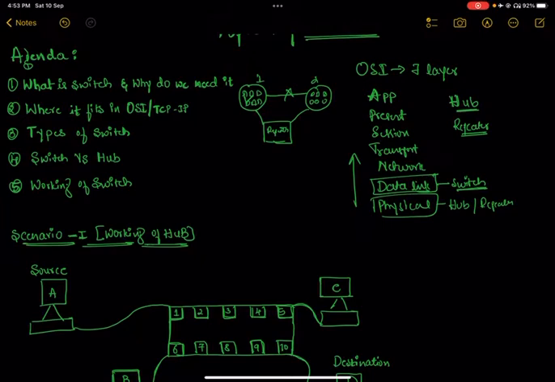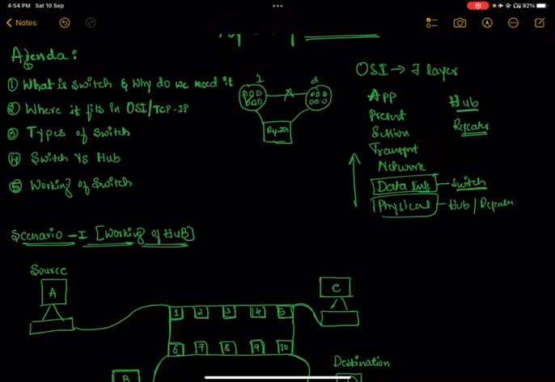Assuming that you have gone through our previous video on hub and repeater, I have just added points about the advantages and disadvantages of hub and repeater here, and I compared that with the need of the hour, and that is why the switch was invented and brought into the data link layer, right?